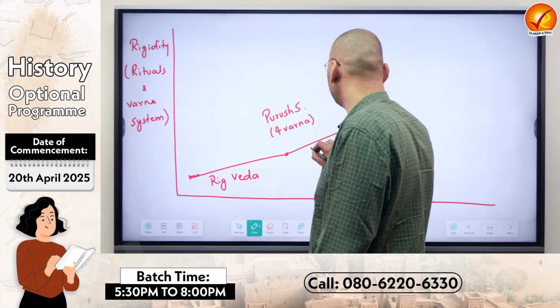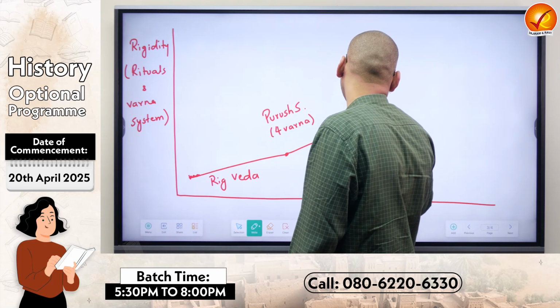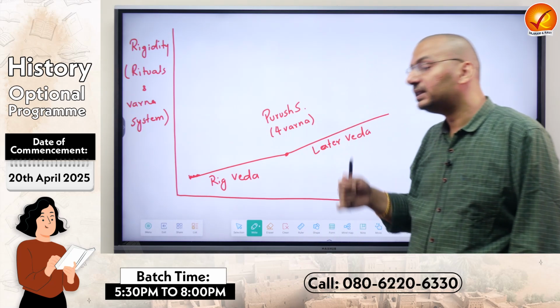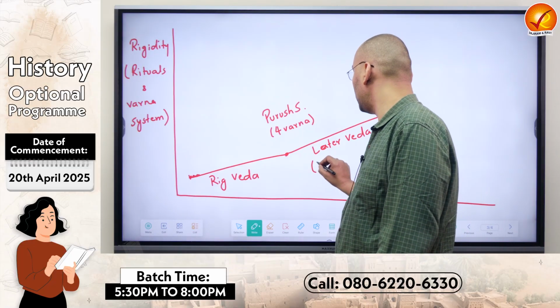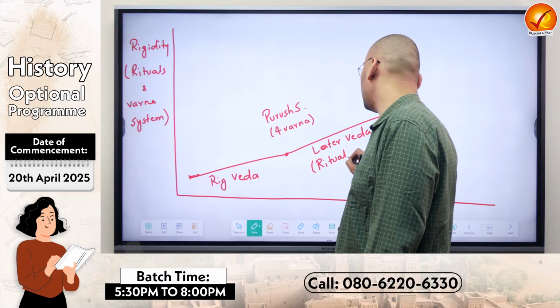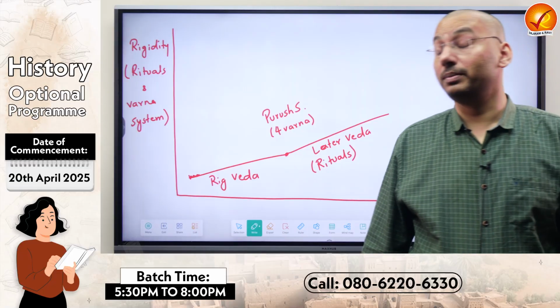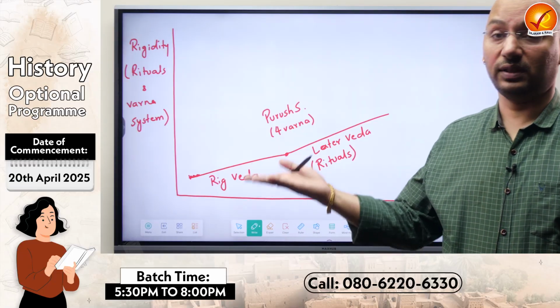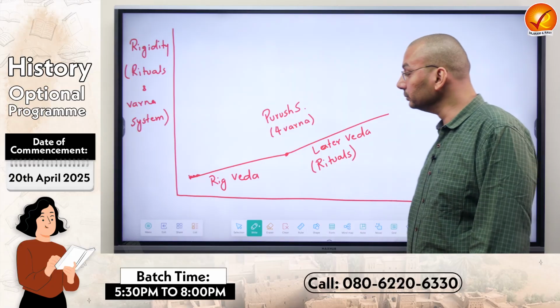Then came the later Ved. These later Ved further gave rigidities, dominance of rituals: Hiranyagarbha, Ashwamedh, Vajpayee, Purush Medh Yagya, Grih Sutra, 16 Sanskar, so many things the later Ved gave.